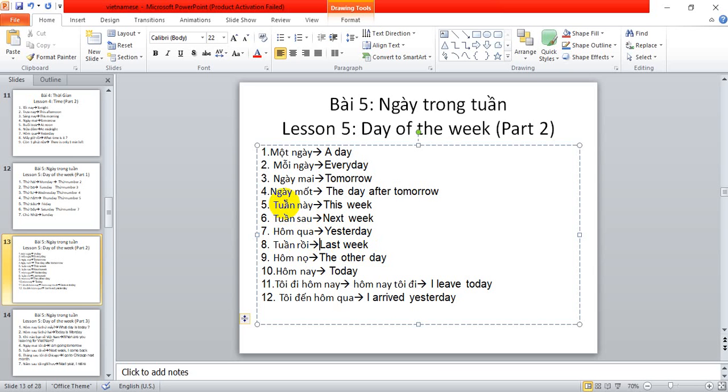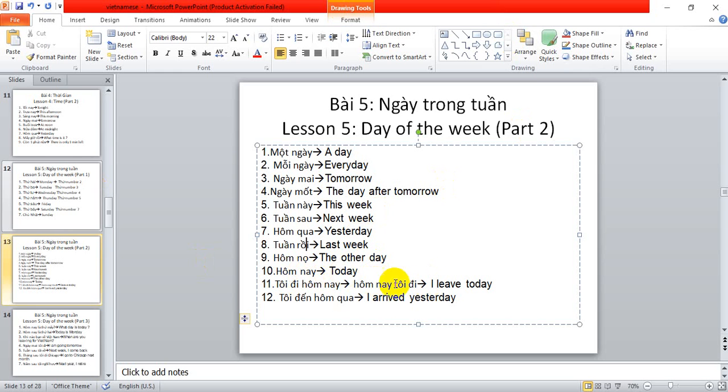Just repeat the word tuần for the week, and change the end of the word: này, sau, and rồi. Hôm nay, today.